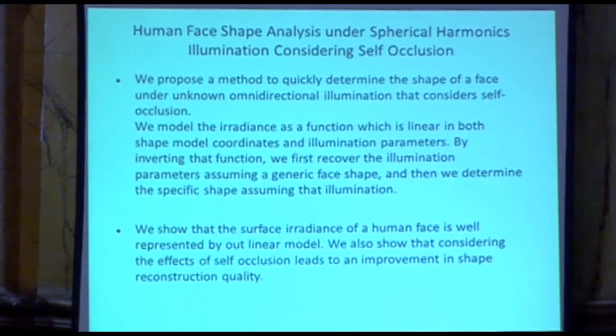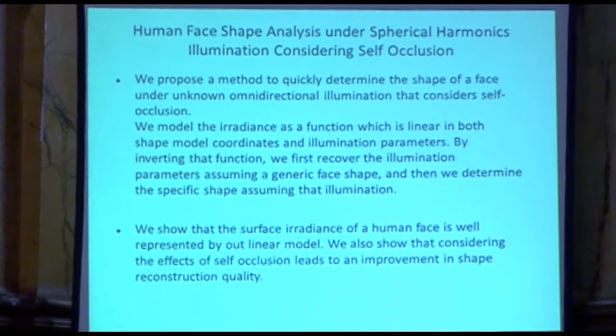then these costs become quite prohibitive, because for every point in the face you have to compute the occlusion from every spatial direction, and you have to do this multiple times. What we propose is a companion model to a morphable model of face shape, which can be thought of as a morphable model of face irradiance that considers self-occlusion.